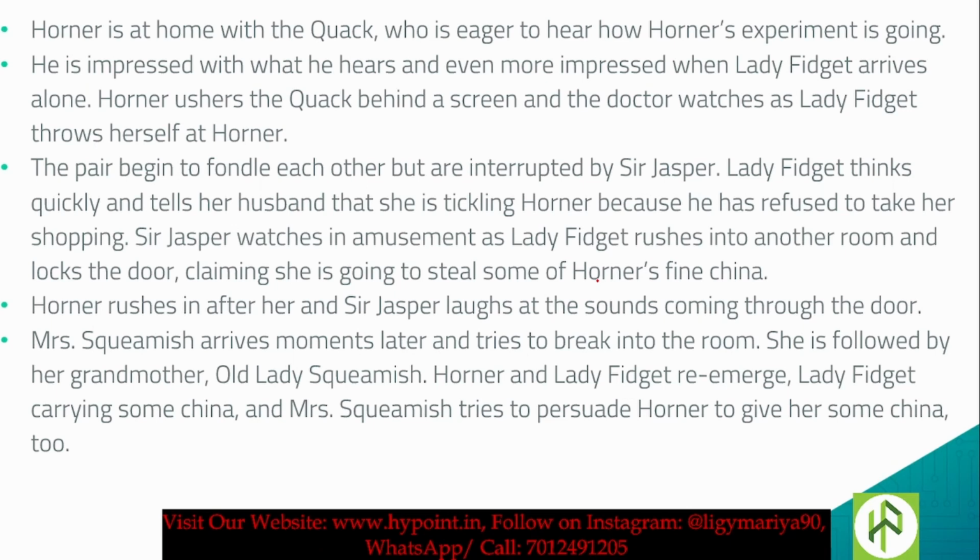He saw the intimate scene, but he believes that Horner is impotent, so it's not a sexual thing that they are doing. Lady Fidget said to him that she was tickling Horner. She was not doing any kind of foreplay, but she was tickling Horner because he has refused to take her shopping. And Jasper was watching in amusement.